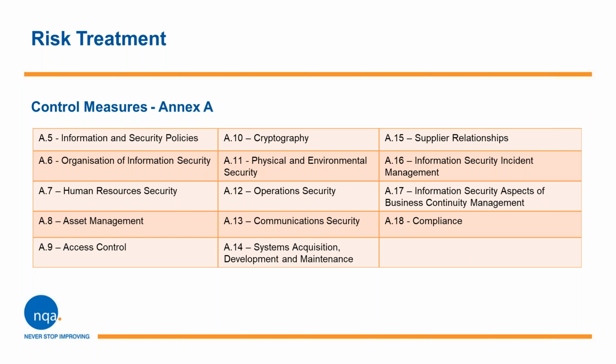The physical environmental security is one of the elements that when I'm auditing, a lot of people kind of look at me and say, Chris, what are you talking about maintenance of air cons or something like that for? Well, in that control measure, there are elements that talk about maintenance of equipment, which looks after information processing facilities, such as your servers, anything like that.